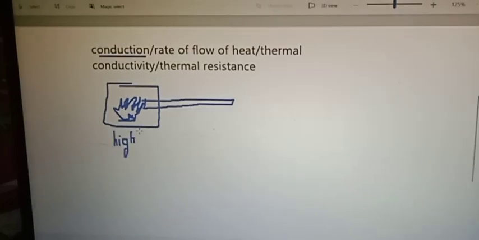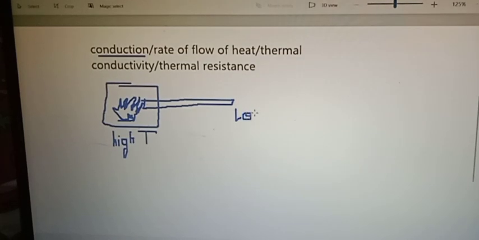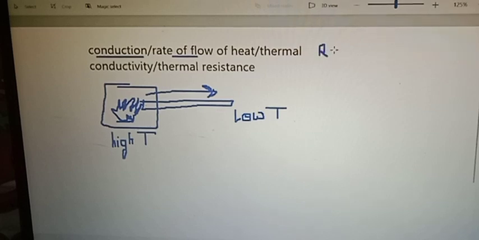So here we have this end at high temperature and the other end at low temperature. The basic condition for spontaneous flow of heat. So we know that now from the source, that is the agency which is at high temperature, heat will flow.